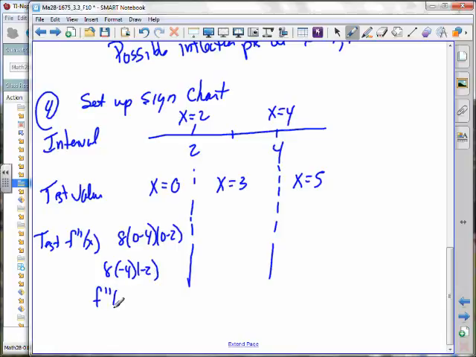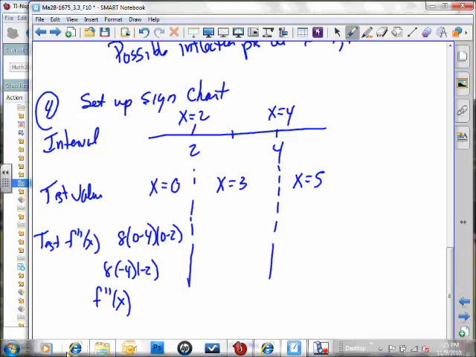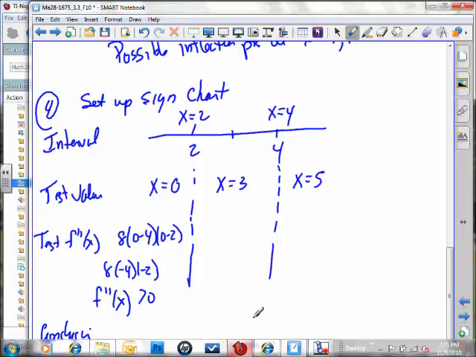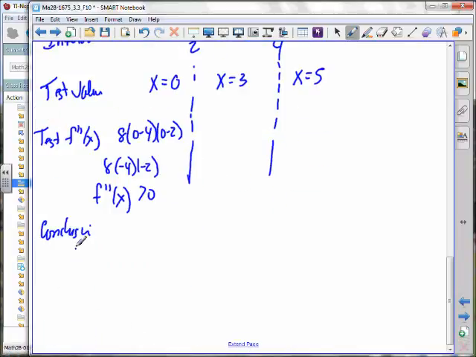Second derivative, positive or negative? Positive. My conclusion is that the f of x is concave up, looking like that.